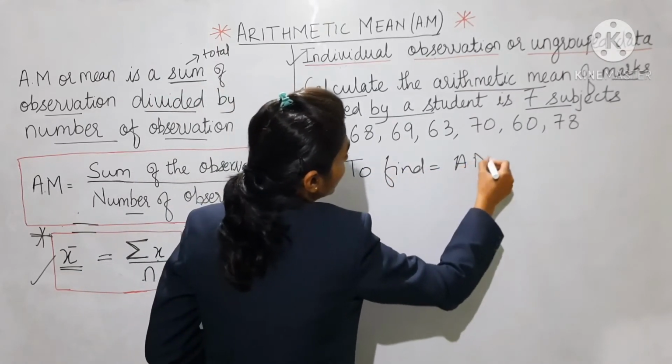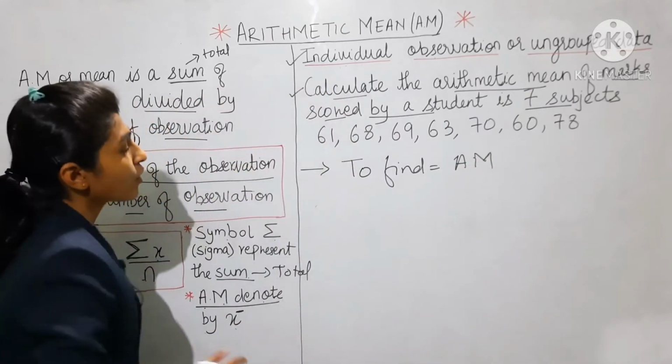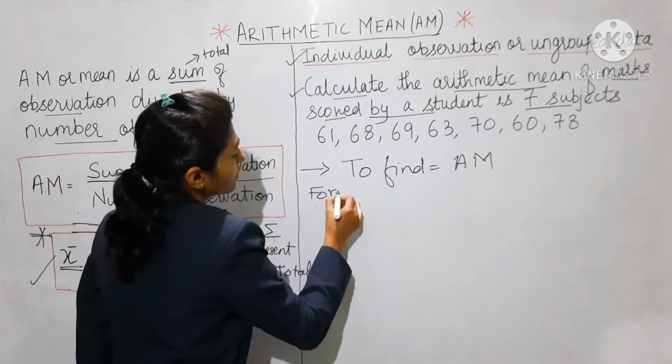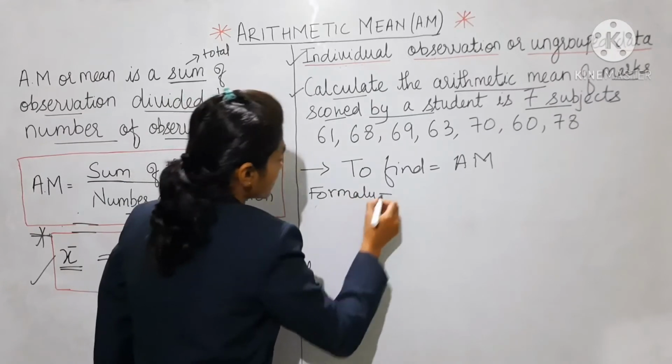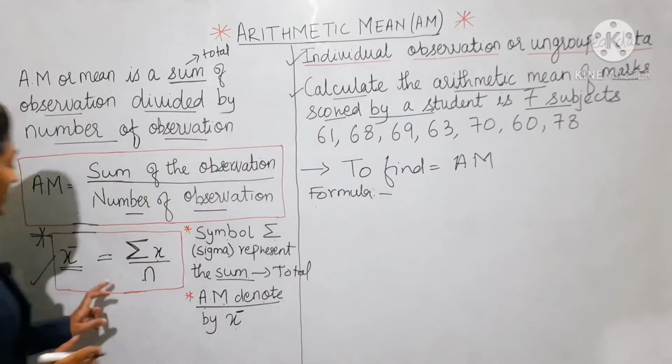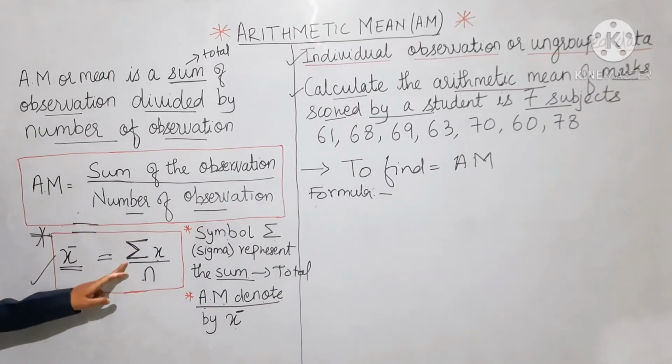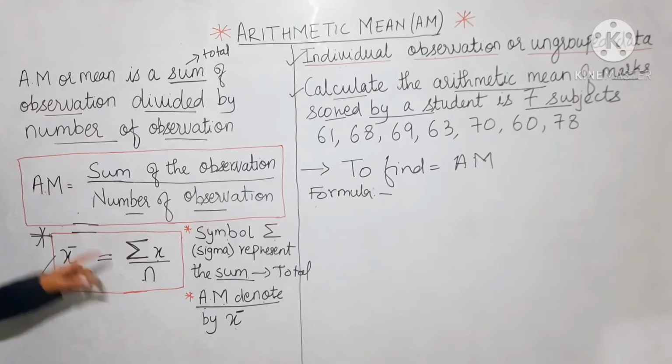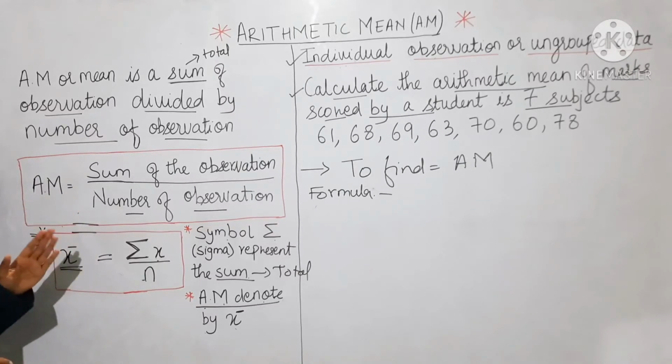What is the formula of arithmetic mean? Formula is x bar is equal to sigma x, the summation of x, divided by n. Either you write this formula or the earlier one, the formula is the same.